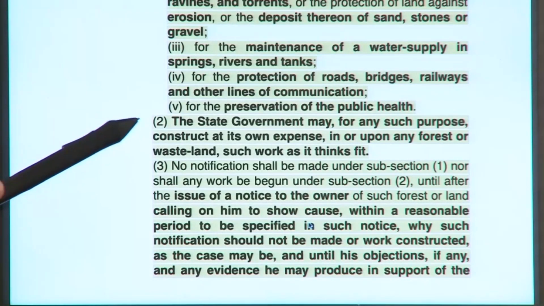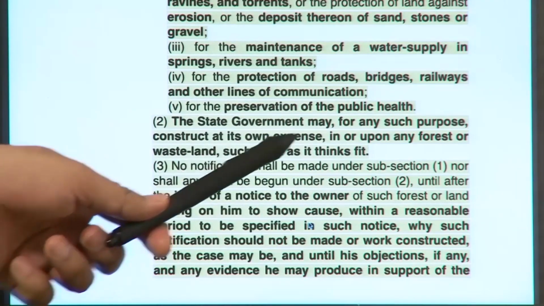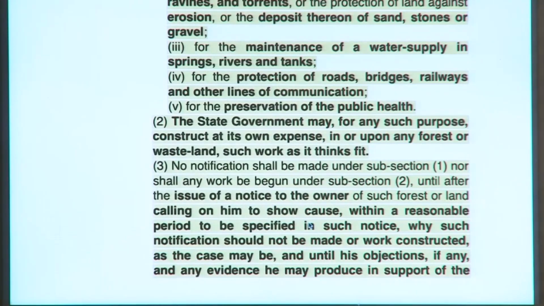The state government may for such purpose construct at its own expense in or upon any forest or wasteland such work as it thinks fit. So, now this section is giving power to the government to do certain activities as it thinks fit for these purposes.